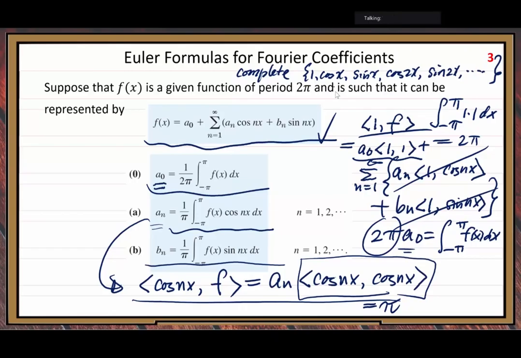In physics, there is a concept called energy. The energy of the f function can be defined using an integral from a to b of the square of the function.